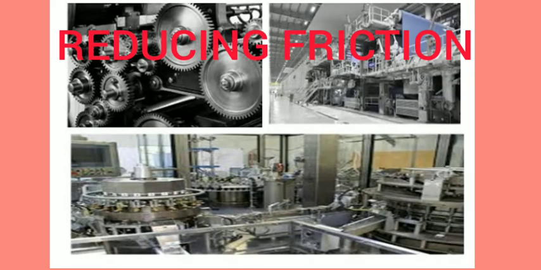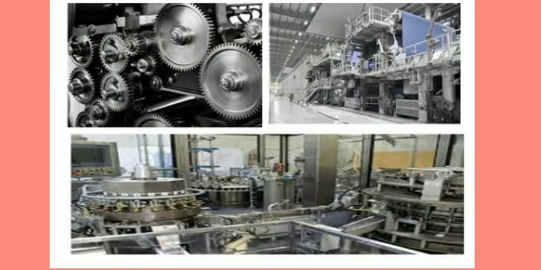So we always try to reduce friction in machinery parts. Now how do we do that? By applying grease to machinery parts. When you apply grease, the surface turns smooth and therefore friction reduces.